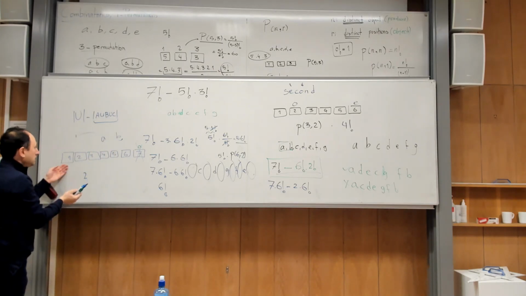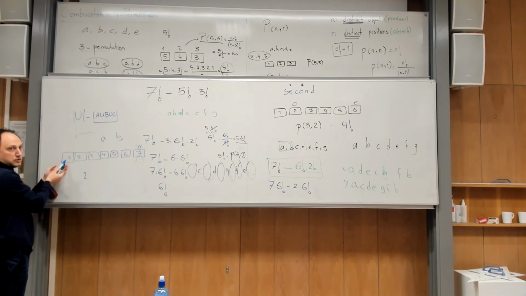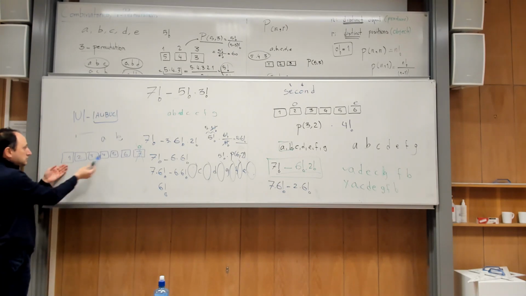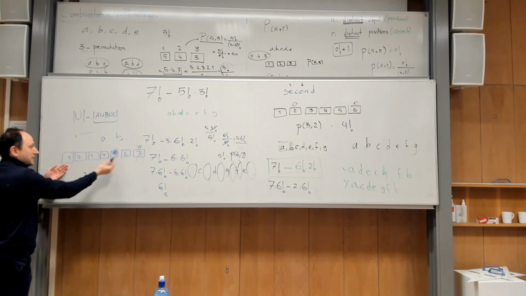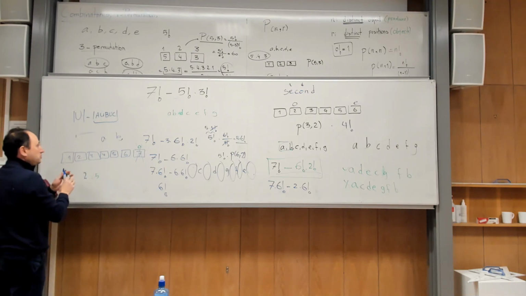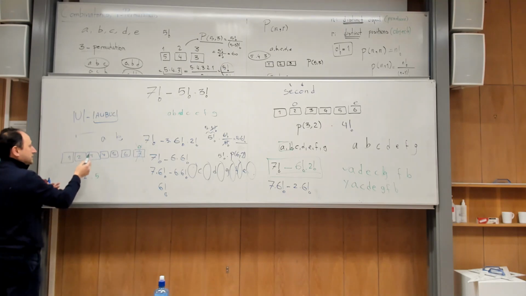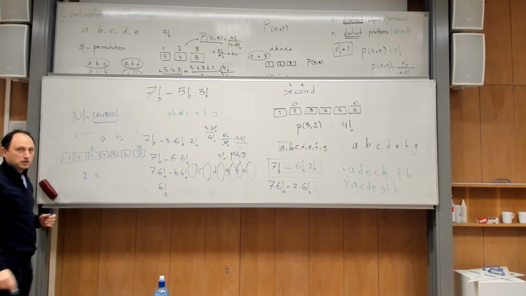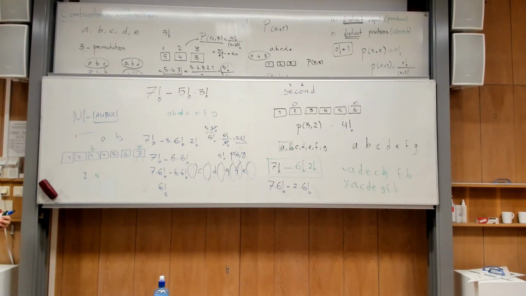Am I allowed to put it here or not? Yes, here. So 1, 2, 3, 4, 5, 6, except that one. So this means 5. Now B is somewhere, for example, let us for the time being put B here. And then the other case is that you put A in a position not on the ends.